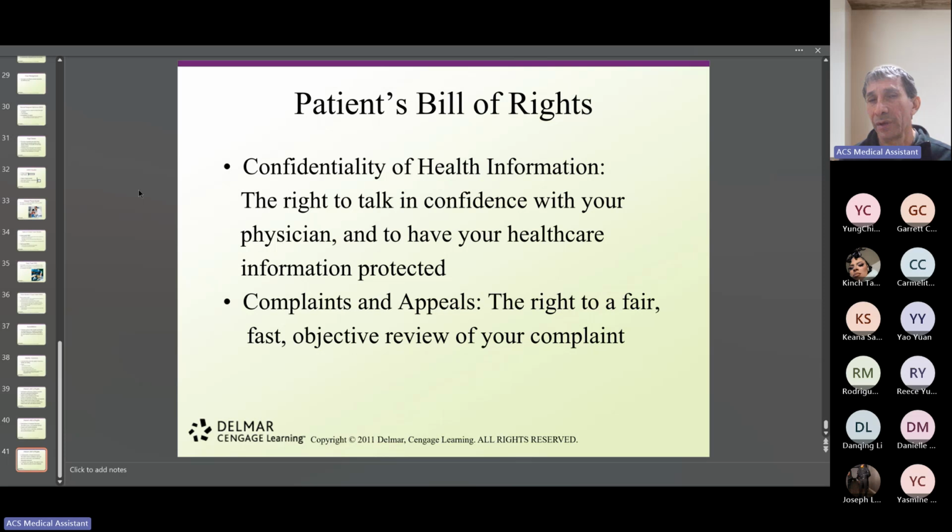So that's basically what it is. And if you have complaints, we have to listen to those complaints. Try to fix it. Try to make sure that this is not going to incur a lawsuit. So that's basically how it works.